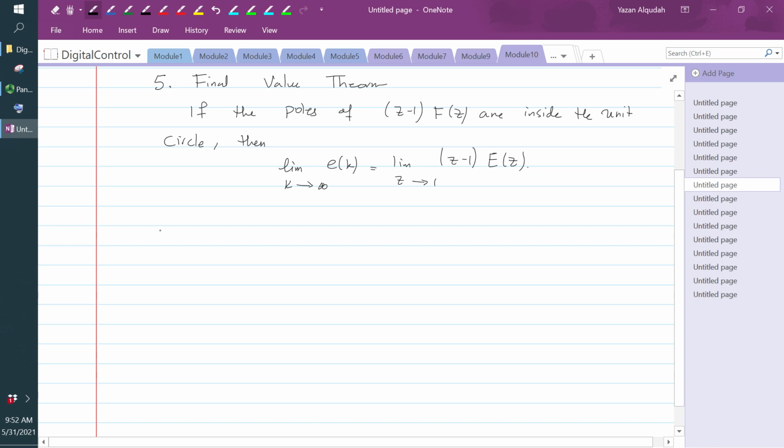let's do an example where we want to calculate the transfer function from a difference equation. So we want to find the transfer function.